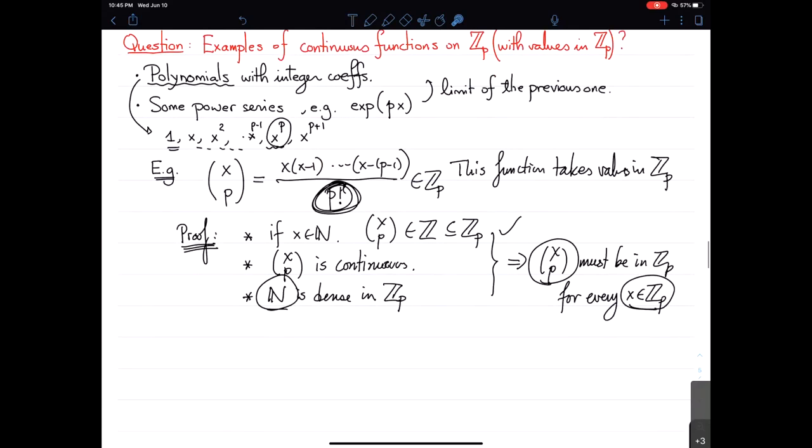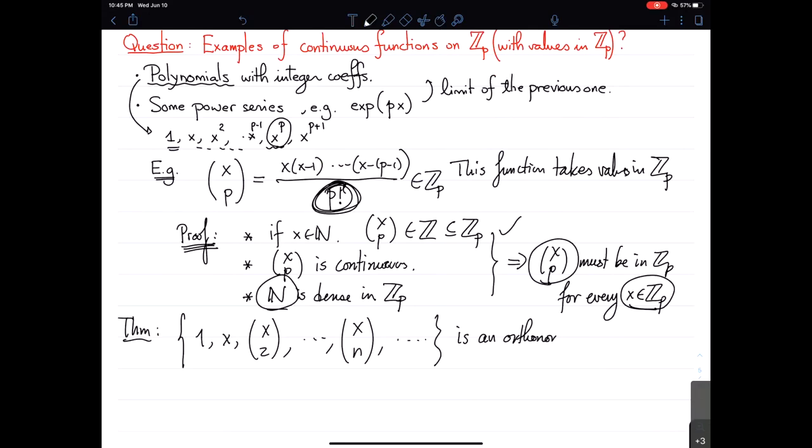So here's the statement of the theorem: 1, x, x choose 2, ..., x choose n, ... is an orthonormal basis of continuous functions on Z_p with values in Q_p. And this is called the Mahler basis.